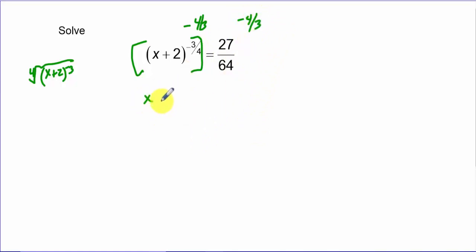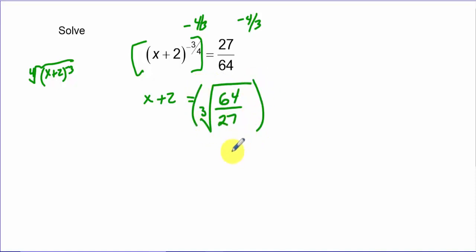This goes to a 1. Negative means take the reciprocal, take the cube root, and notice because you're cube rooting, you don't have to go plus and minus, and raise that to the 4th power. That's x plus 2. The cube root of 64 is 4.